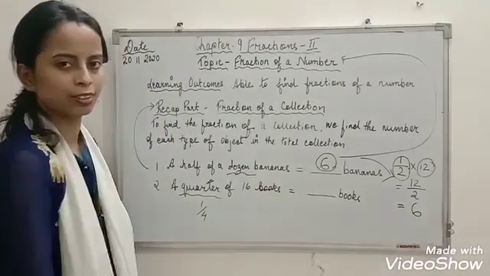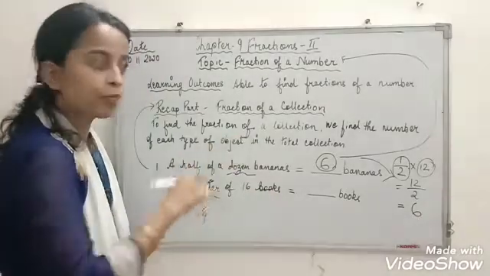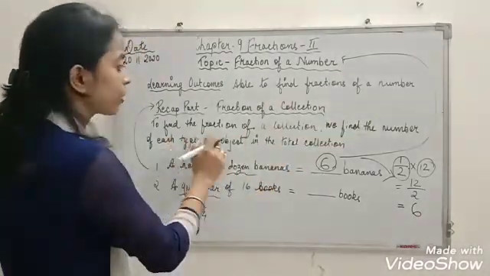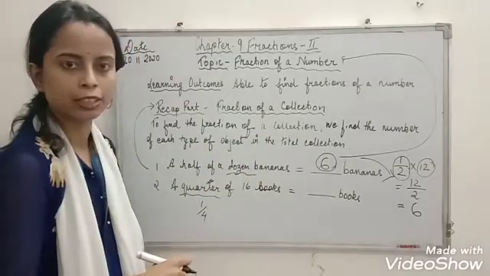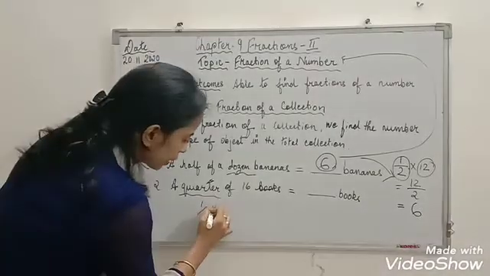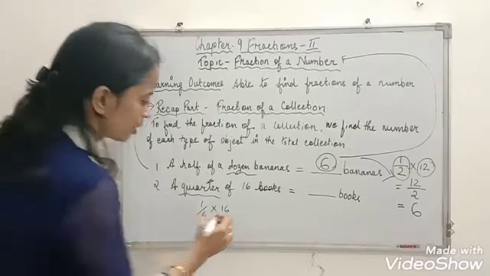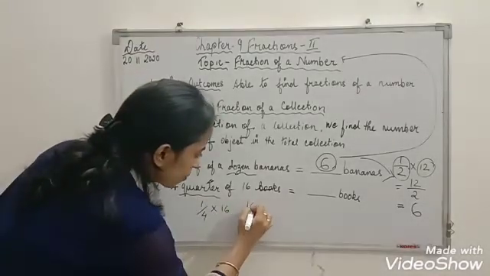Collection of books. In that collection, how many books? 16 books are there. Now you have to find out what? The number of each type of object in the total collection. Quarter of 16 books. 1/4 into 16. 1 by 4 into 16. So 16 to 1, 16 by 4.